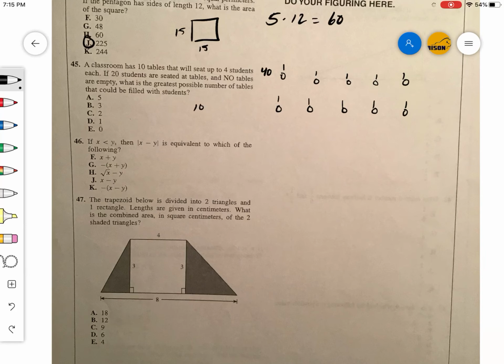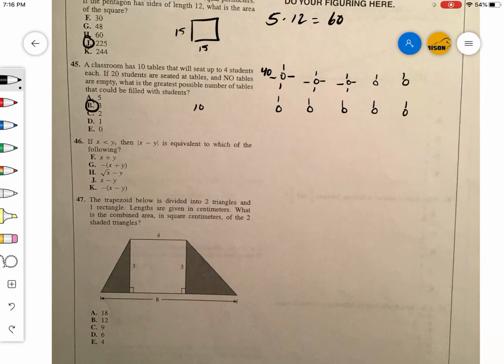So of the 20 people, we're down to 10 people now. Okay, and you can put 4 at each table. So let's go, well, remember, we've got 10 to choose from. So 9, 8, 7, 6, 5, 4, 3, 2, 1. Okay, so at most we could fill 3 tables completely full because the rest of them all at least have 1.